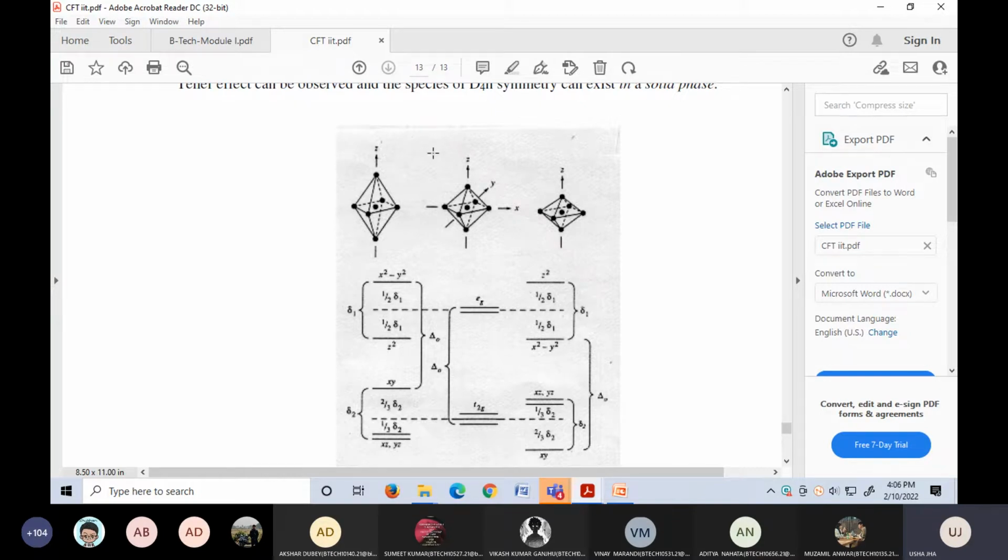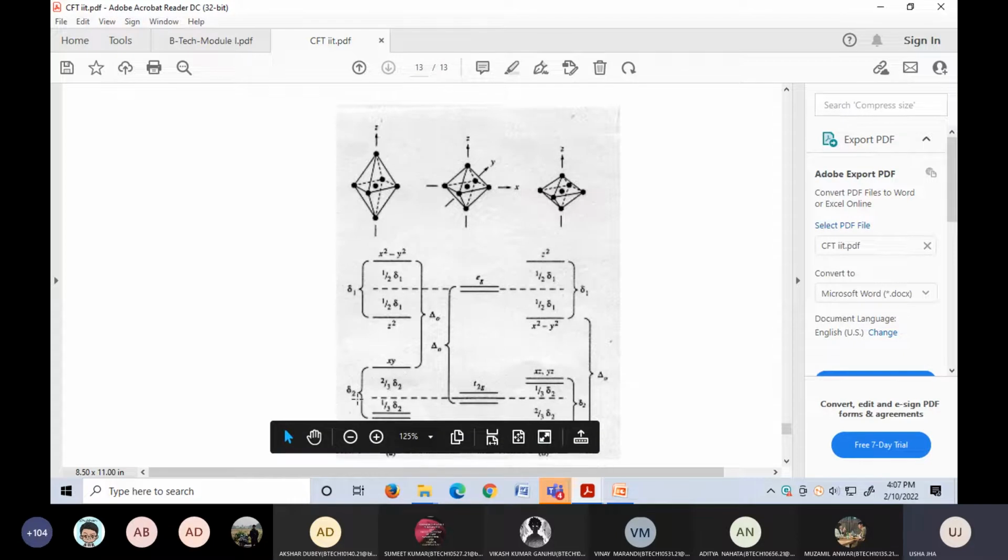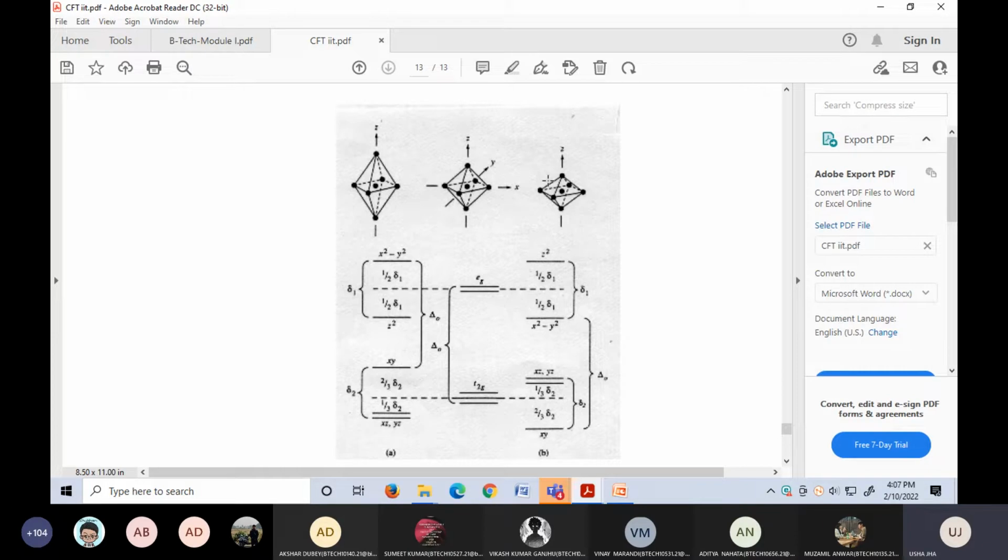But most pronounced, you find it in a D9 system where you have an electronic distribution wherein dxy, dxz, dyz are filled up, and dx squared minus y squared has 1 electron. In such a system you will see a z out phenomenon when you have 2 electrons in the dz squared. Z in phenomenon we'll see when we have 2 electrons in the dx squared minus y squared. Okay.